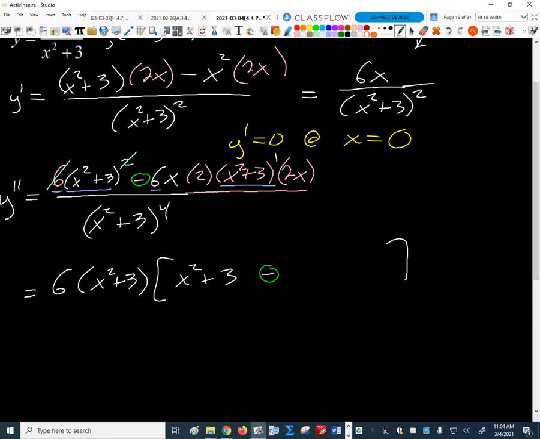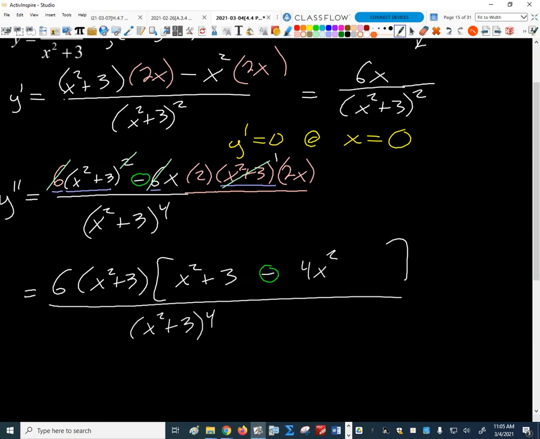And I don't really need the parentheses anymore, because nothing's being distributed and it's no longer being taken to a power. What about the second one? Second one, I'm factoring out that 6, and I'm factoring out that entire base, that factor, and I'm left with x times 2 times 2x. So I'm subtracting 4x squared.